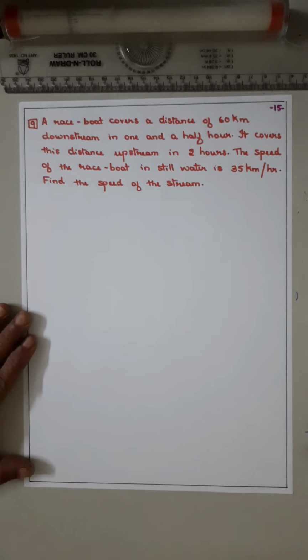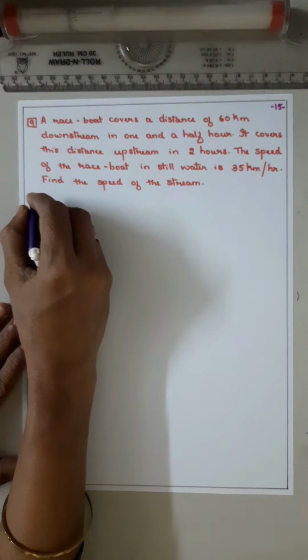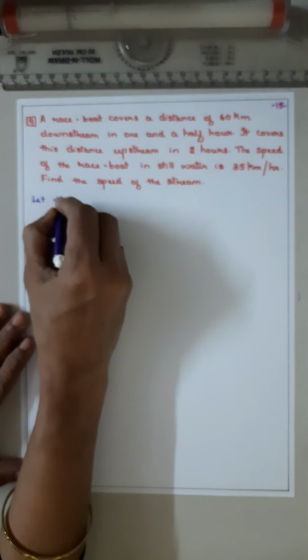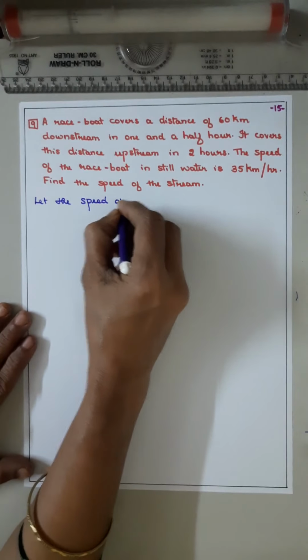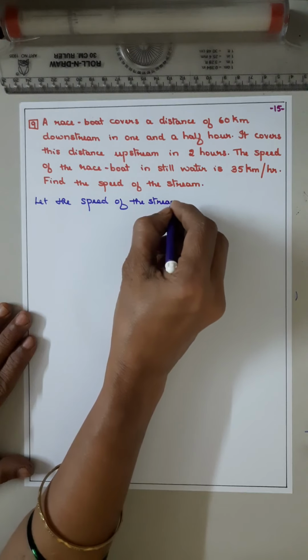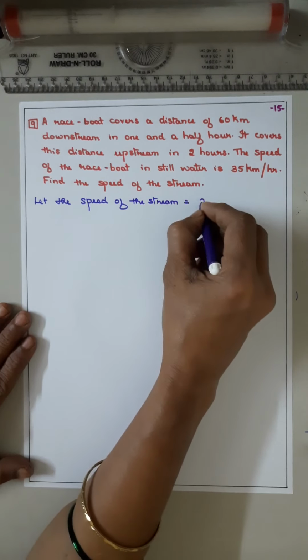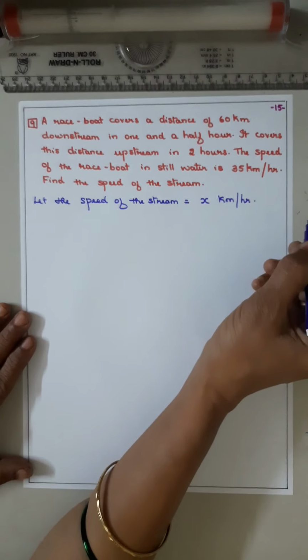Okay. So we will take, let the speed of the stream, that is water, be x km per hour.